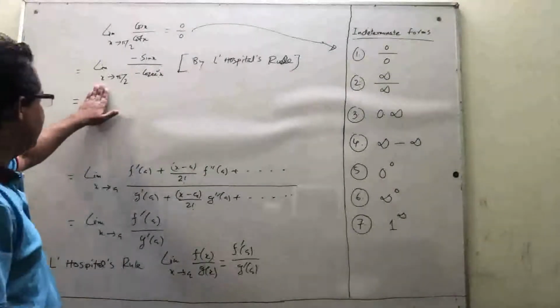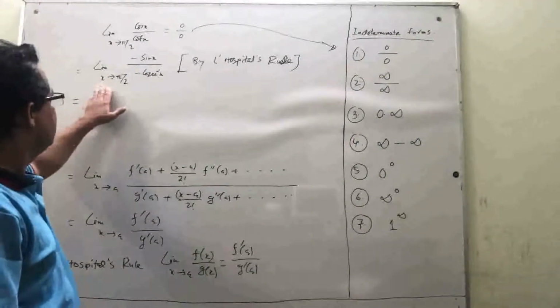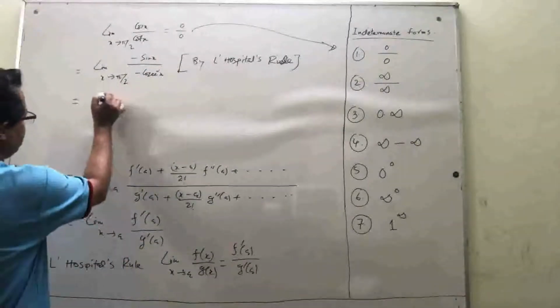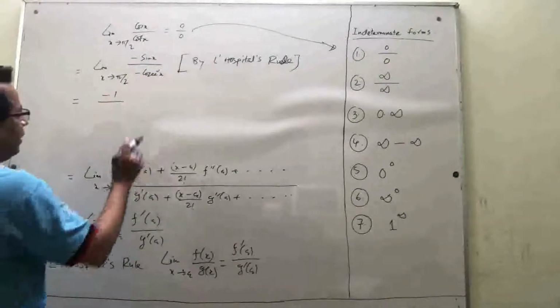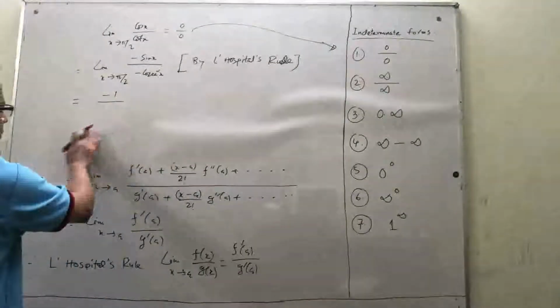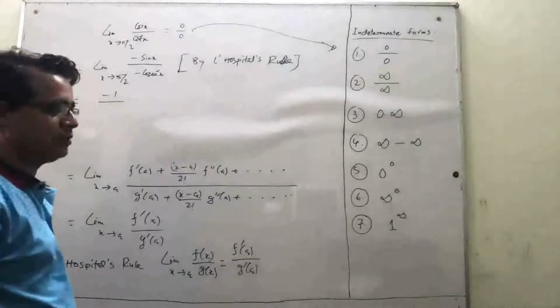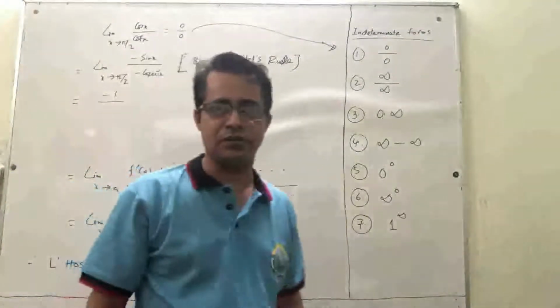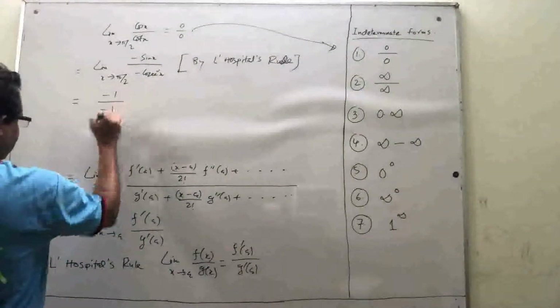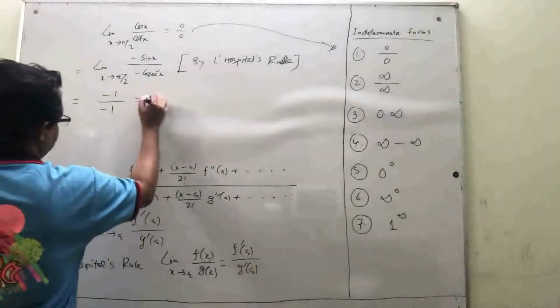Now at x equal to pi by 2, sin x equals 1, that is, the numerator value is minus 1. At x equal to pi by 2, cosec square x is also 1, that is, the denominator is minus 1. The result is 1.